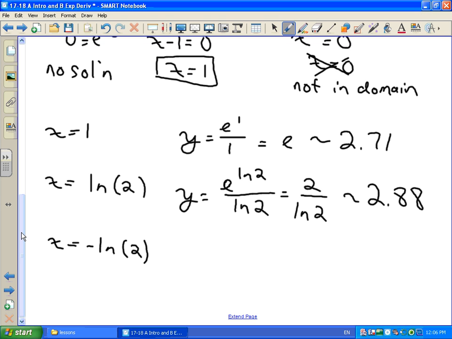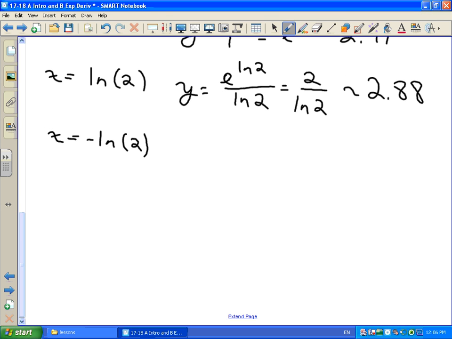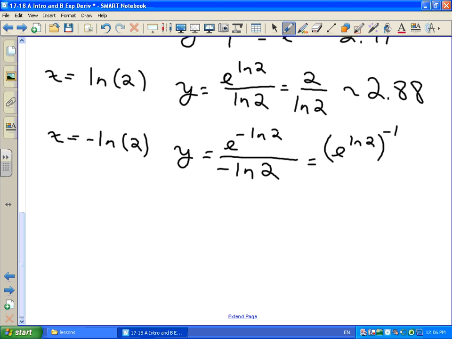And if we go to negative ln 2, we get e to the negative ln 2 over negative ln 2. How can we simplify this? Well, we can think of it as e to the ln 2, all to the negative 1, using our power law of logarithms, bringing that coefficient out front up into the exponent.